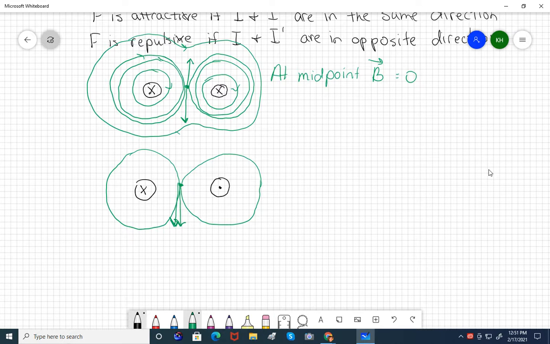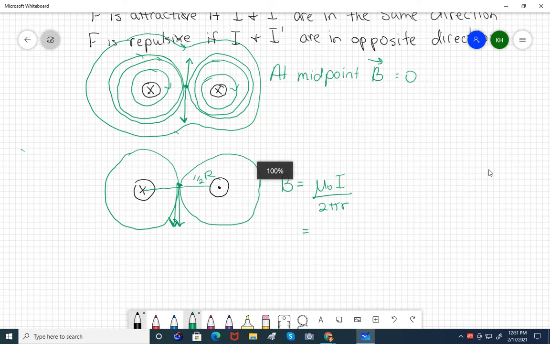So if this distance is, the midpoint is what, 1/2 r? The magnetic fields would add together. So we know B is equal to mu0 I over 2 pi r. And we're making the assumption that these are equal currents.